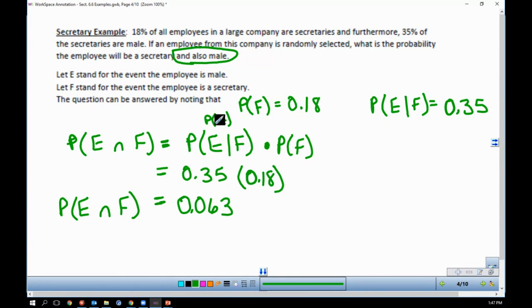But they don't tell us if they are or they're not. So if they don't tell you they're independent and there's no reason to assume they're independent, we're just going to assume they're dependent. All right. Does that make sense? Sure.